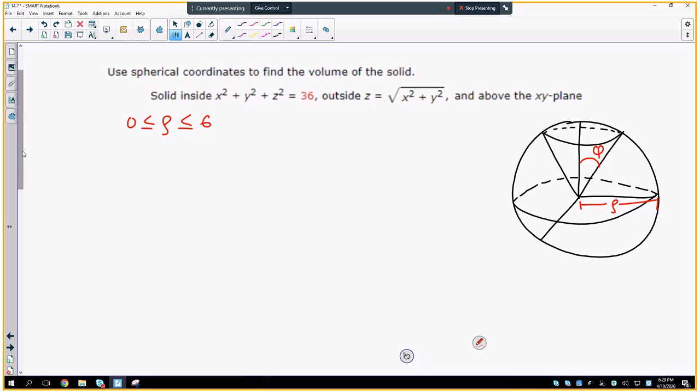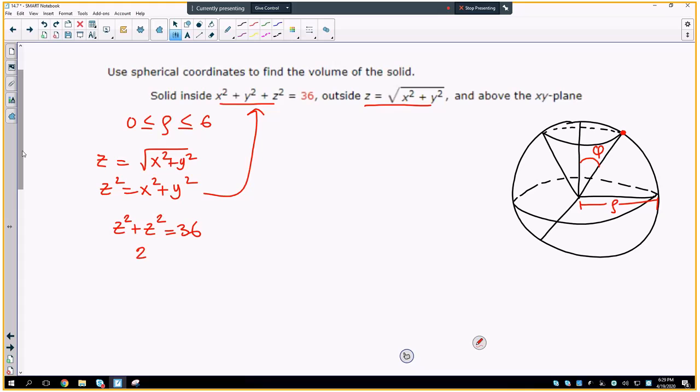How do I find this out? Well, first and foremost, this is the point of intersection of the cone and the sphere. So look at the cone: z equal to square root of x squared plus y squared. Square both sides, you get z squared equal to x squared plus y squared. Using this in the sphere, I will get z squared plus z squared equal to 36.